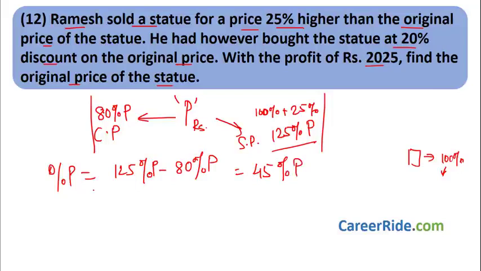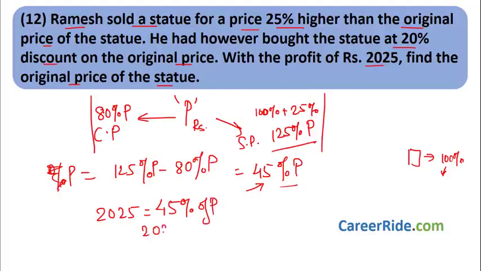Now, this is not profit percent, this is nothing but the actual profit. Profit is selling price minus cost price, and that is nothing but 45% of P. What they have given is that profit is 2025 rupees, but we already know profit is 45% of P, so both these should be equal. Let's solve it.